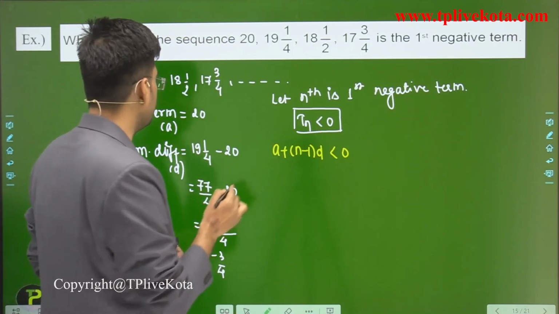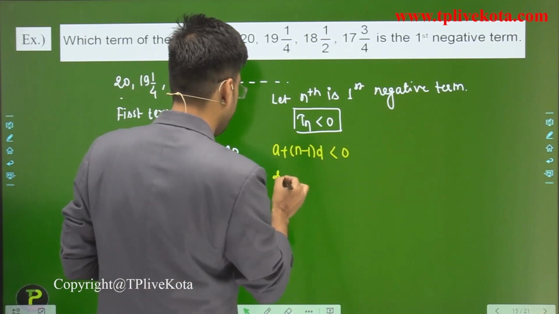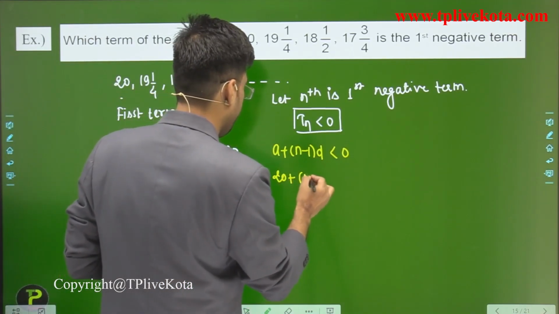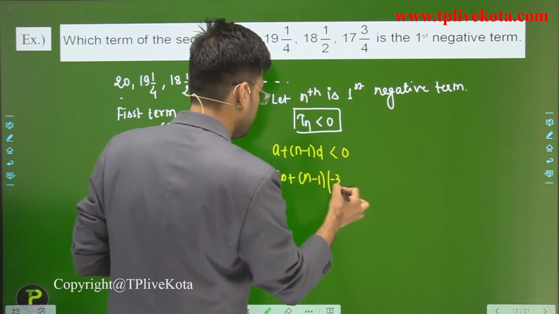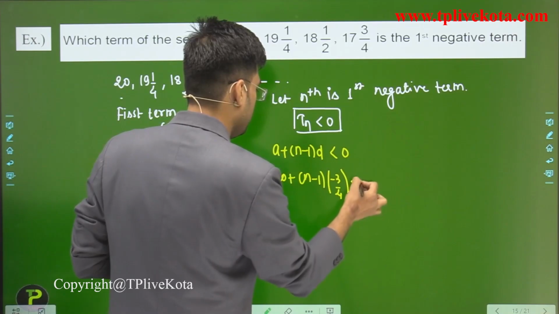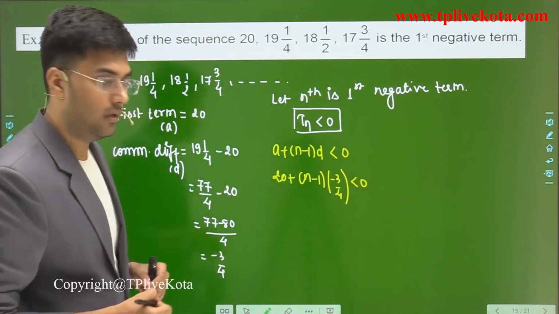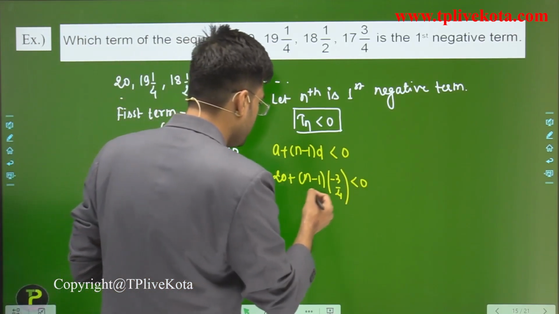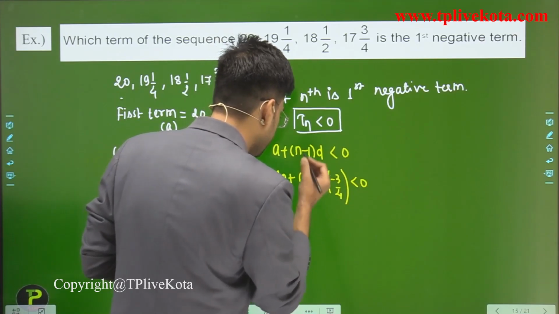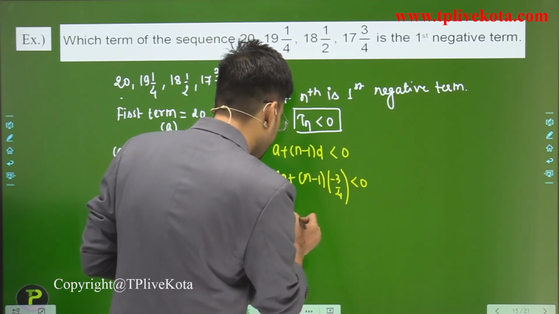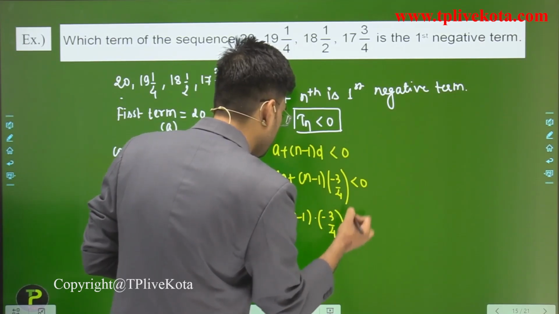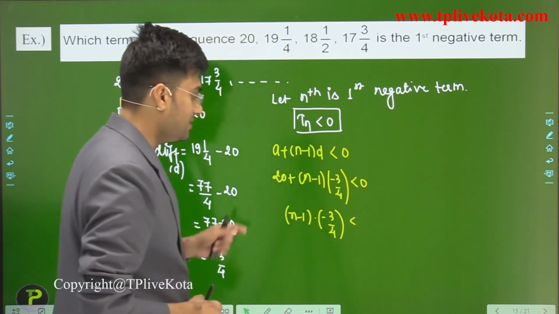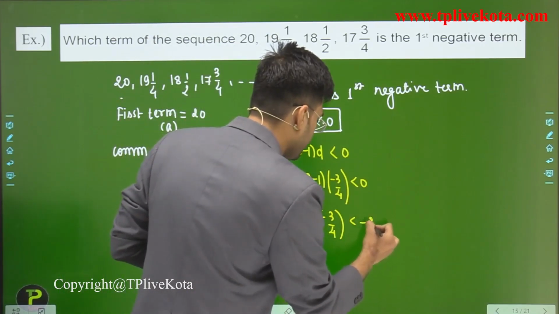Now a is 20 plus n minus 1 times minus 3 by 4, less than 0. So students, when we solve this, what will we get? Let's see. Here it is n minus 1 multiplied by minus 3 by 4 less than minus 20.